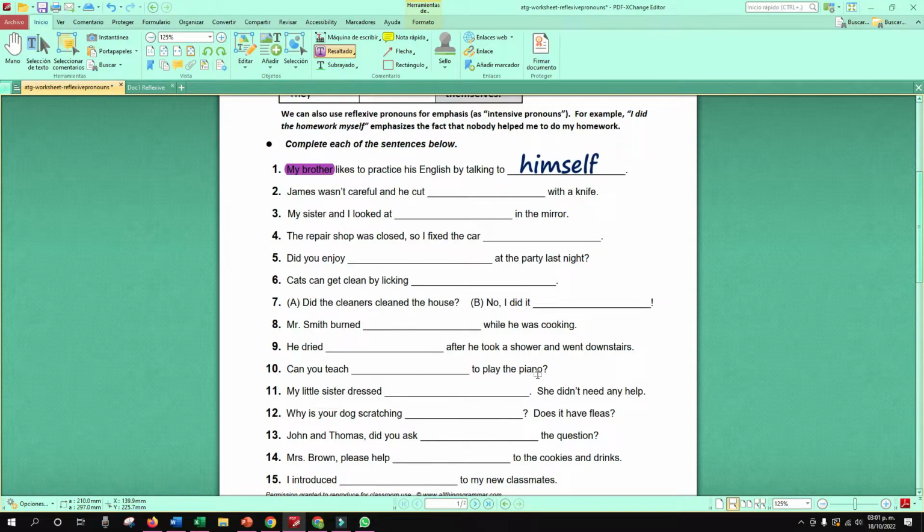This is an easy exercise. So you're going to have 4 minutes to complete these sentences using the reflexive pronouns, right? So be careful. Read very well each of these sentences. In that case, you're going to know which reflexive pronoun you are going to use, right?